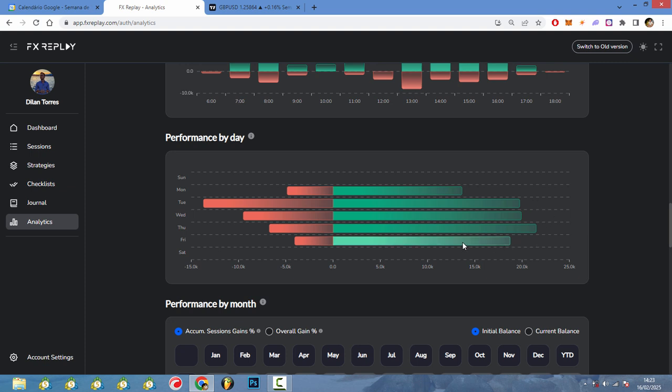And for the most performant one, I would say Friday maybe. Keep the losing short while the wins high. Maybe it's this one, 21, 7. Yeah, or maybe they're quite the same. But I know I'm better towards the end of the week, and that's something you gotta see by yourself.